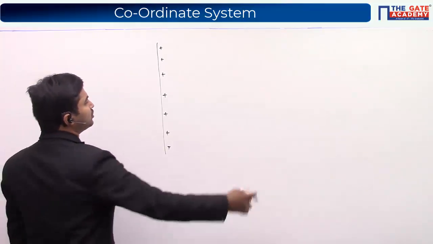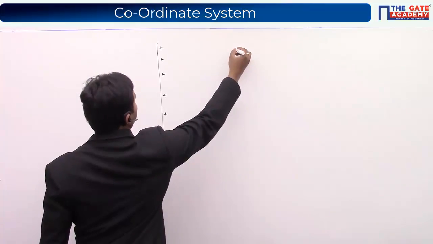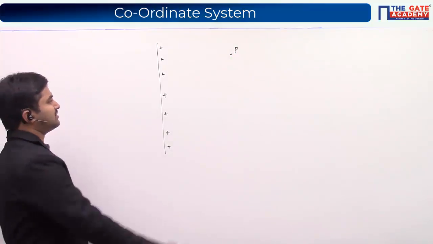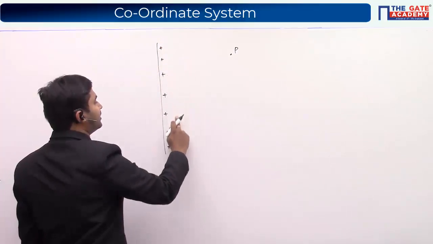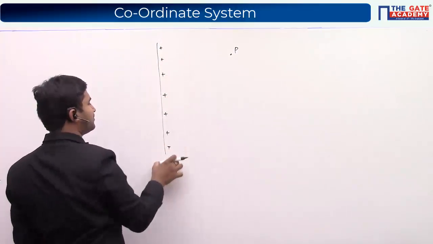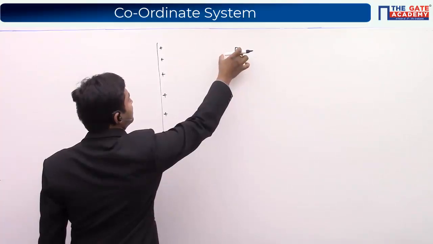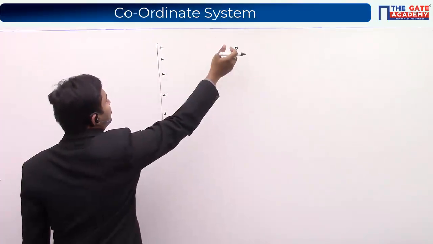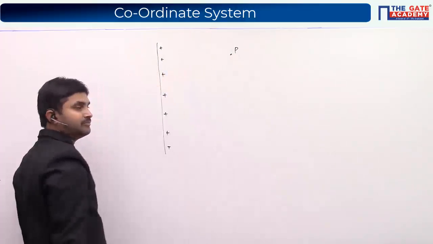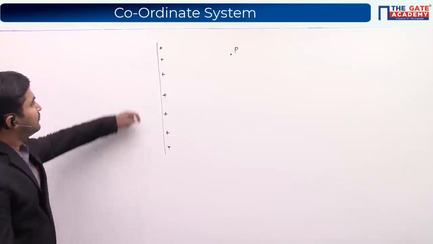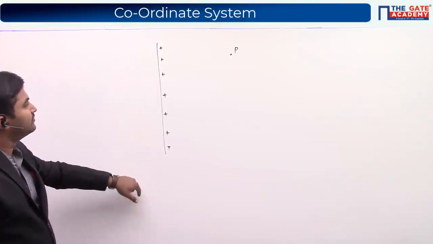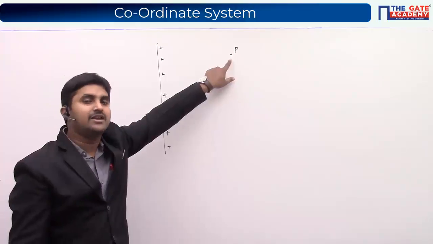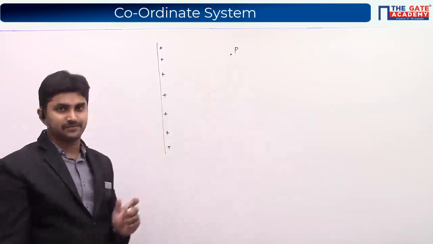Now, if I wanted to find out an electric field at a particular point called P, what I can do is either express this particular line and also the particular point that I'm having in terms of the Cartesian coordinate system, and then try to find out the electric field at this particular point. This is the approach, right? We try to express our line charge that we are having, and also we try to express the point P which is in our space, and then we try to find out the electric field intensity.